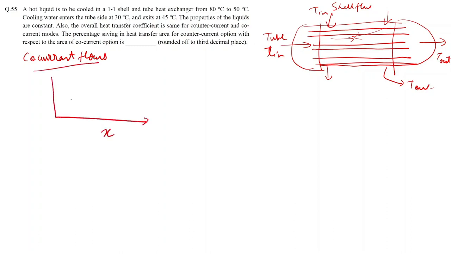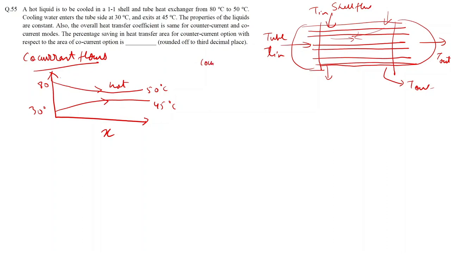Along the length of the heat exchanger, the temperature of the hot fluid will decrease from 80 to 50 degrees Celsius, and the cooling water enters the tube side. For the tube side, the temperature will increase from 30 to 45 degrees Celsius. The flow directions are the same.